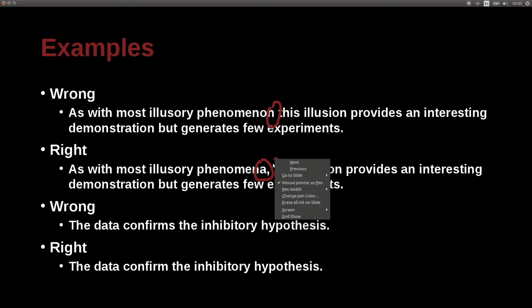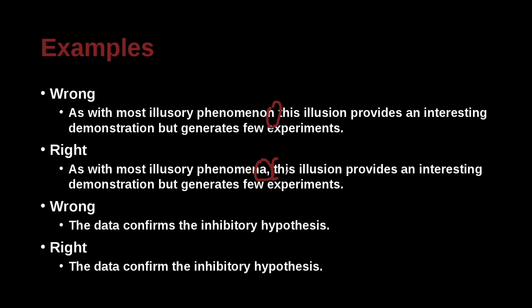Well, we can begin here and we can see that this illusion, which would be the subject, does something: it provides an interesting demonstration, but generates few experiments. So we could even cut this last bit here. This is just a little bit of extra, right? The point is, right here, we have a whole sentence, don't we? This illusion provides an interesting demonstration. So that could be a whole sentence. It has a subject, it has a verb, it has an object.